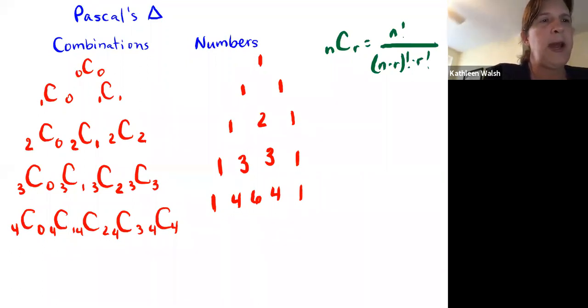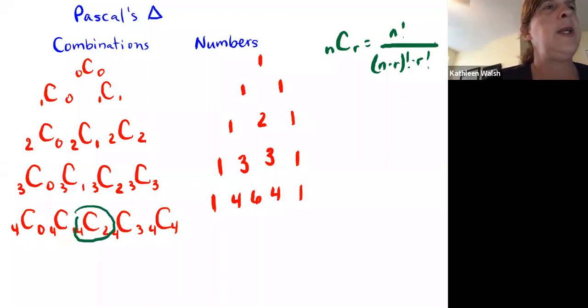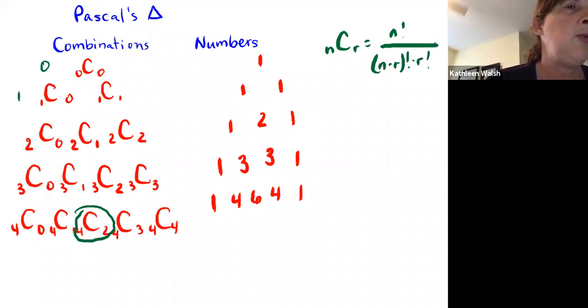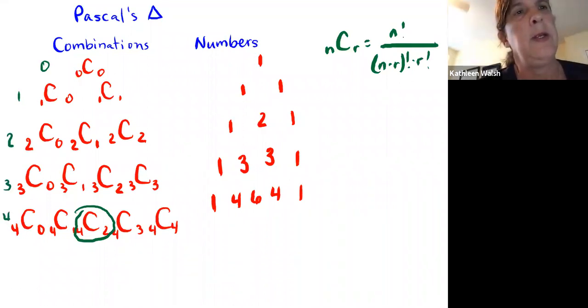And let's look at C(4,2). This is row 0, 1, 2, 3, 4.